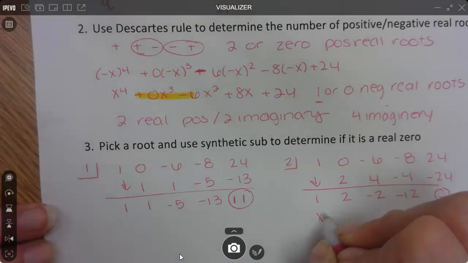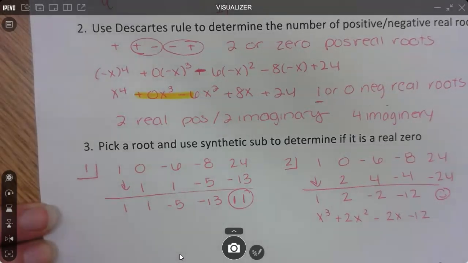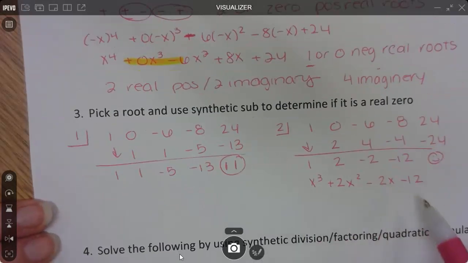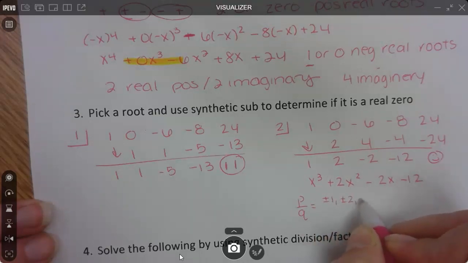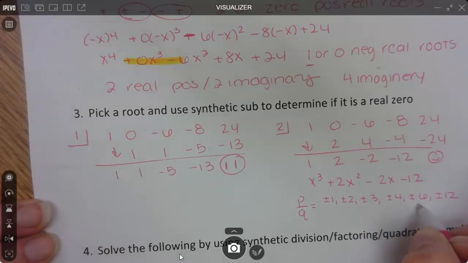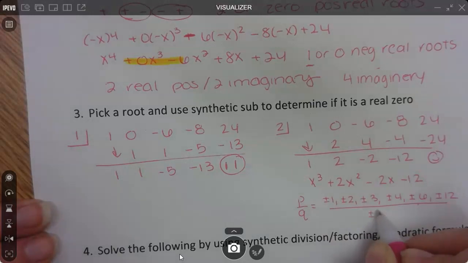So knowing that this is x cubed plus 2x squared minus 2x minus 12, I could try to find, using synthetic, another number that will go into this. So now you can look at the cubic and you could say, okay, what's my P divides Q for this? Since 6 was a factor of the original, they're all potential factors for this.